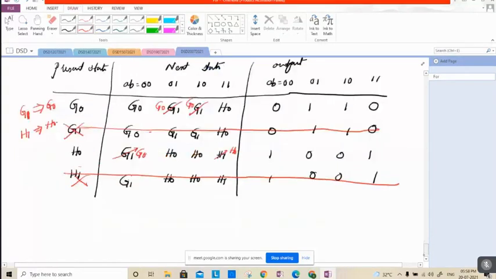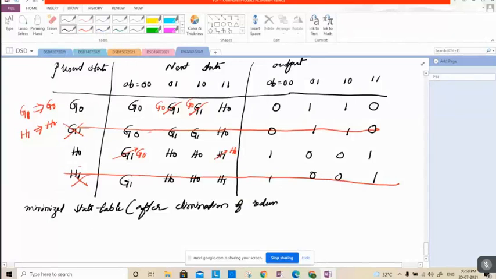Right. So my minimized state table after elimination of redundant states.